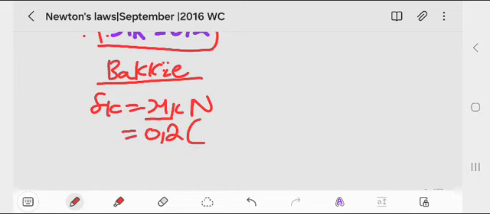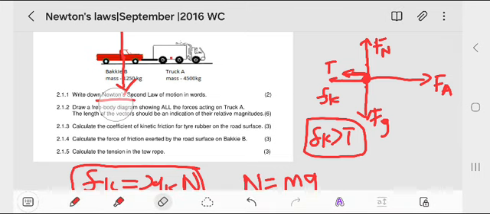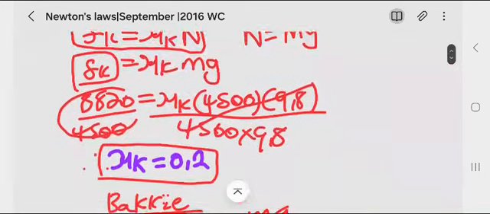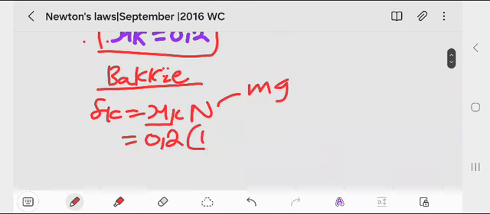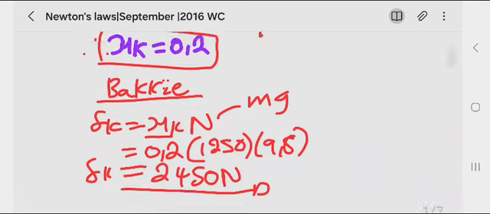The normal force is the same as mg, the mass of the bakkie, which is 1,250 kg. So the friction is 0.2 multiplied by 1,250 times 9.8, which equals 2,450. It is measured in newtons.